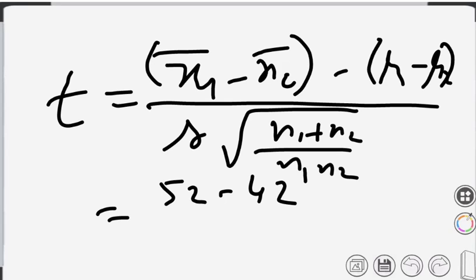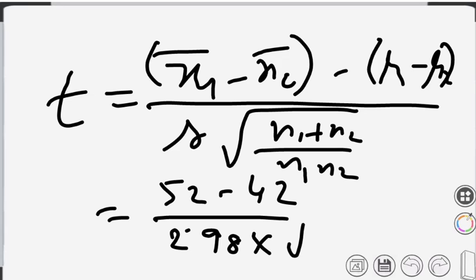And mu1 minus mu2 is 0, and s এর ভ্যালু how much have we obtained? 2.98 into root over of n1 is 13 by n1 plus n2 is 9 plus 4. Please write elaborately 9 plus 4 into 9 into 4. So please calculate কত হয়?